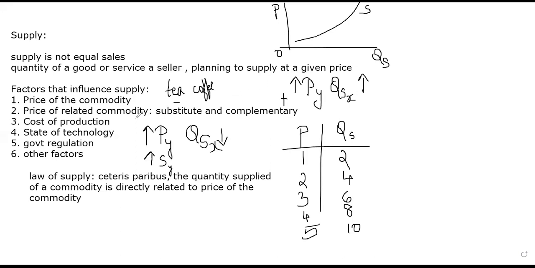Third one is cost of production. Cost of production and quantity supplied are negatively related. How come negatively related? See, labor is one factor of production, right?